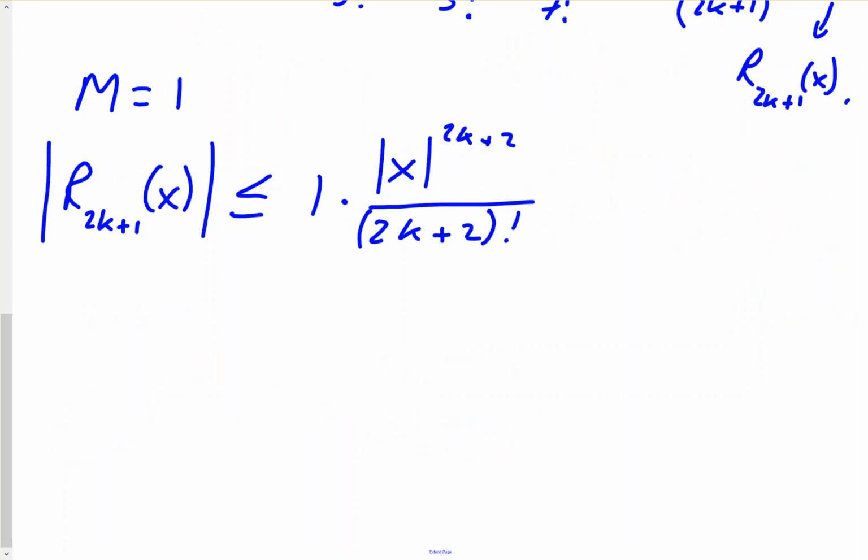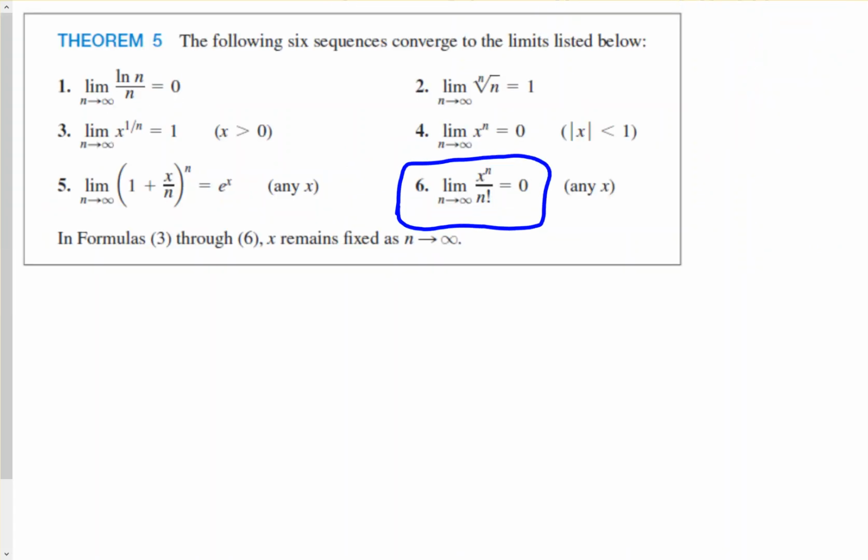So now by that same rule that we used before, Theorem 5, Rule 6, again, I'll go back to it. Theorem 5, Rule 6 tells us that if we have the limit as n approaches infinity, x to the n over n factorial, it's going to equal 0.